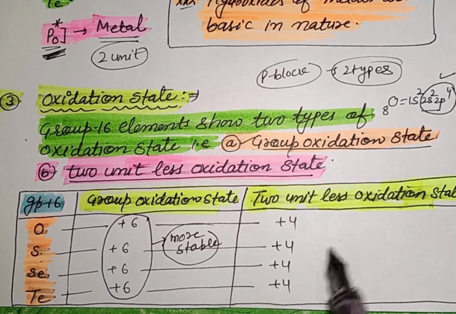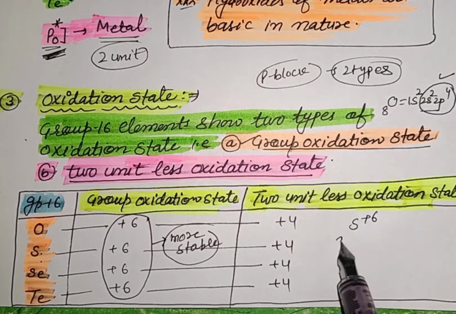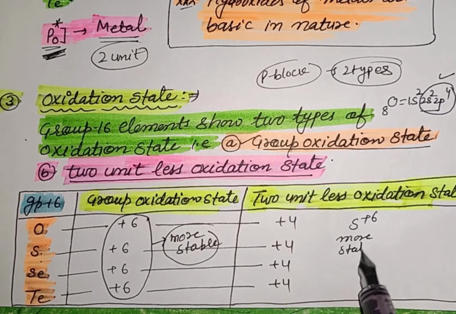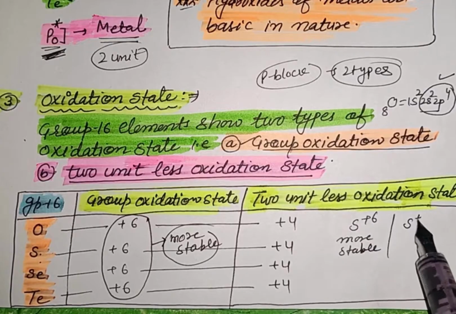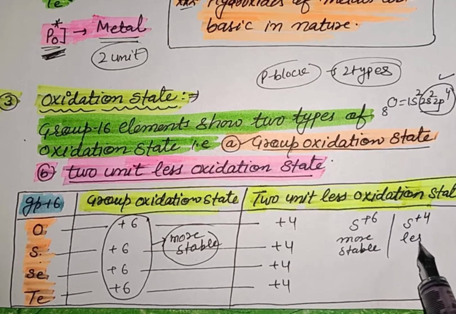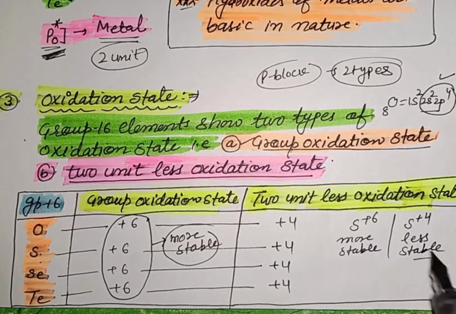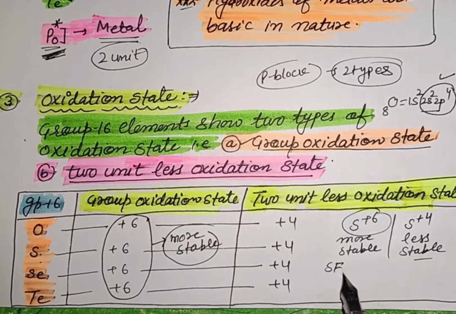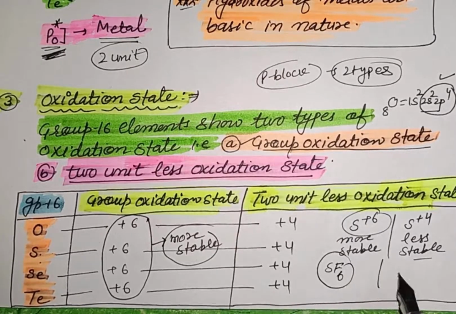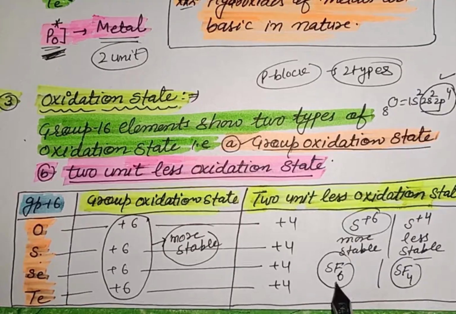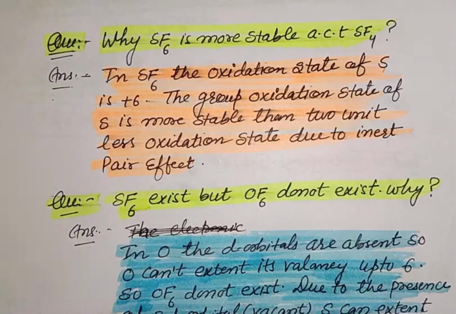Or I can say sulfur plus 6 is more stable as compared to sulfur plus 4, which is comparatively less stable. Or I can say that SF6 is more stable as compared to SF4. The first question is why SF6 is more stable than SF4.